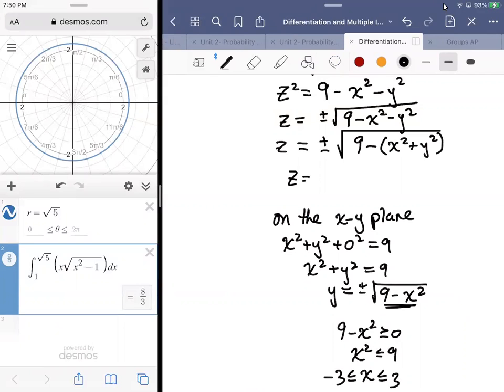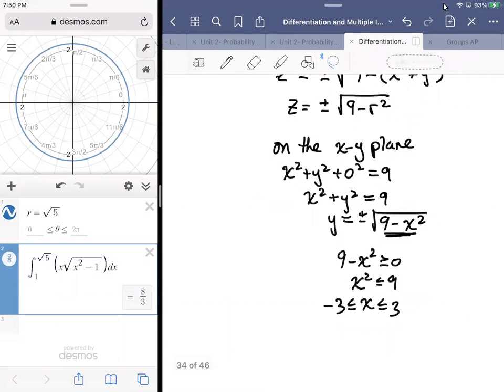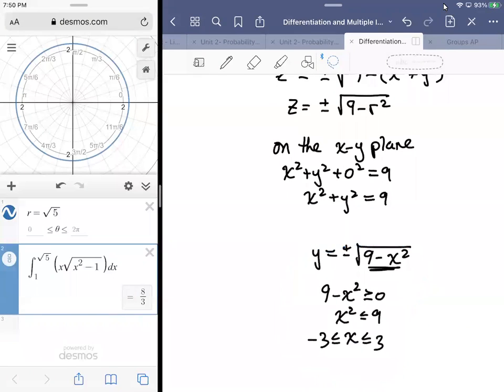So z would be equal to plus or minus the square root of 9 minus r squared. Then I would look at my x squared plus y squared equals 9. Well, that's r squared equals 9, corresponding to r equals 3.